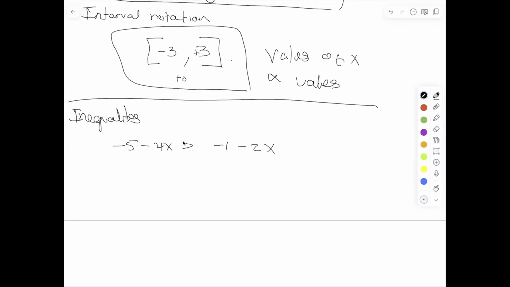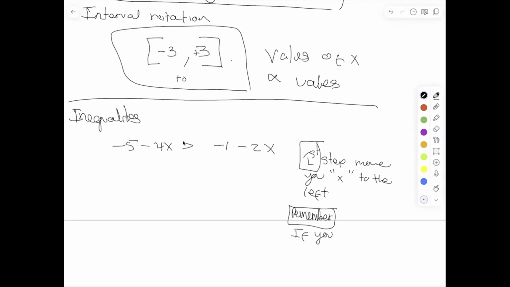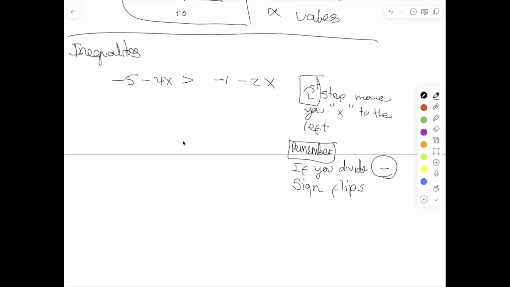Now, the first step that you have to do is move your x's to the left. All right, that's the first thing. And you should remember, if you divide by a negative, the sign flips. So, I'll explain what that means in a moment.